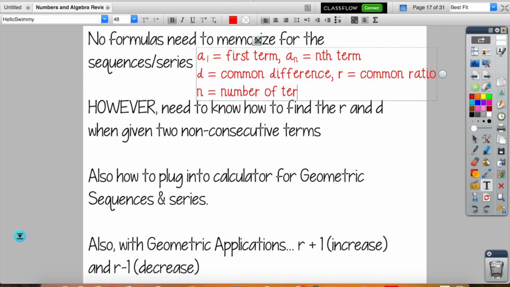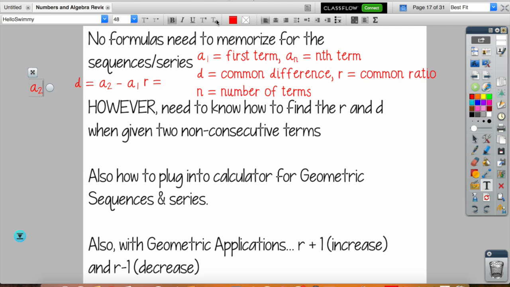Okay, remember, you find the common difference by taking the second term and subtracting the first term from it. And you can find the common ratio by taking the second term and then dividing it by the first term, okay? And that's also how you show that something is arithmetic or something is geometric, by doing that process, okay?